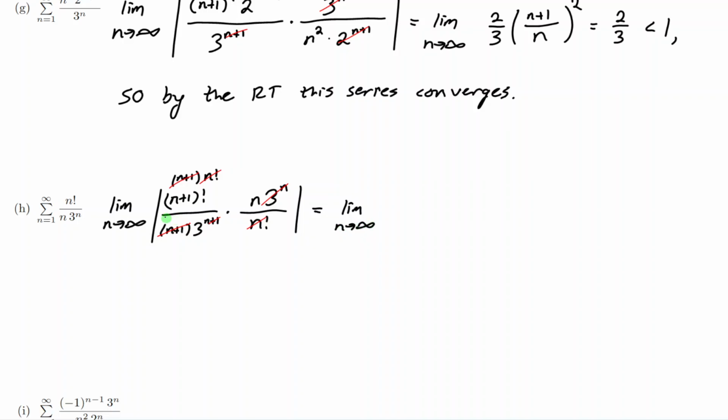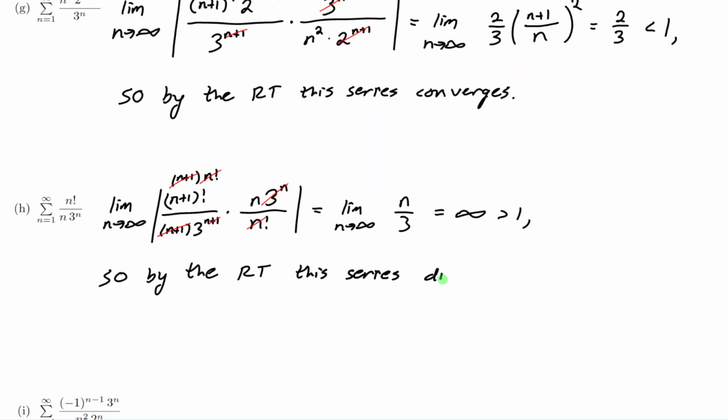Again, I don't need the absolute values here. This is going to look like n over 3, and that's going to approach infinity, which is definitely greater than 1. So by the ratio test, the series diverges.